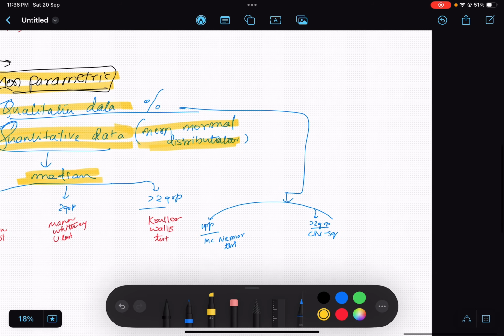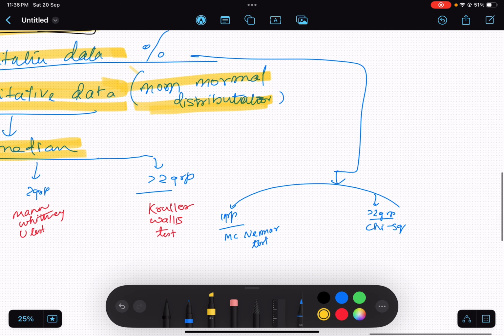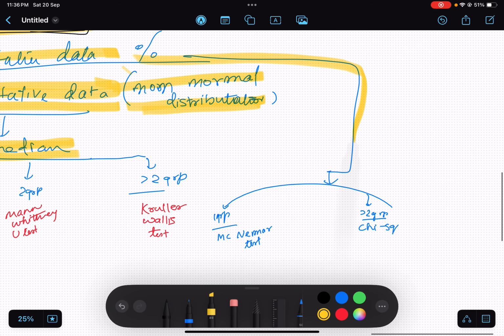The worrying part comes here: qualitative data and quantitative non-parametric. I'll make it even easier. First study the qualitative data. You have only one example of one group and one example of more than two groups. For more than two groups it is the chi-square test.